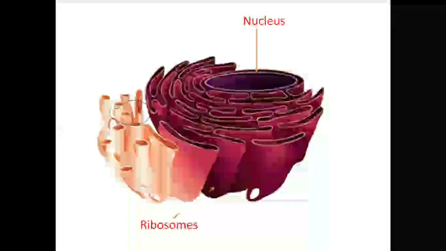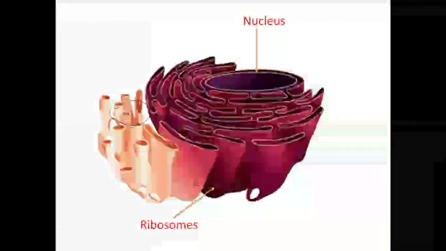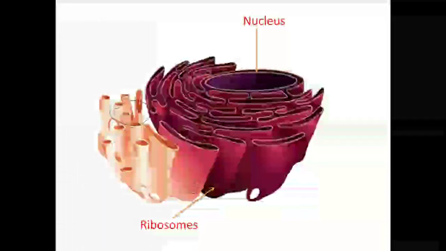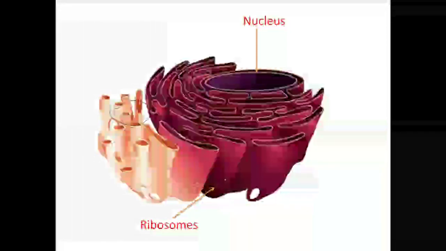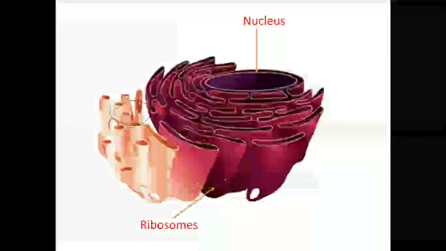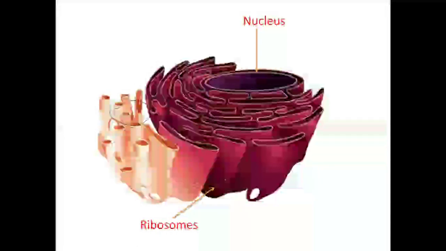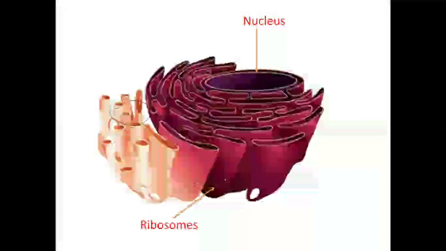We can see these granules that are attached on the surface of endoplasmic reticulum. These granules are actually ribosomes. And as we all know, ribosomes are the site for protein synthesis, or ribosomes are the cell organelle which are involved in protein synthesis.